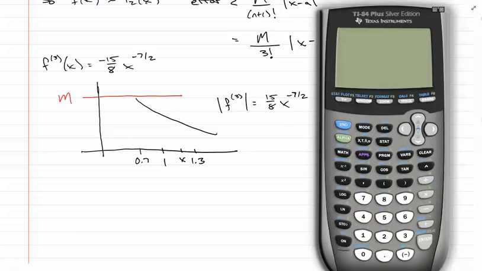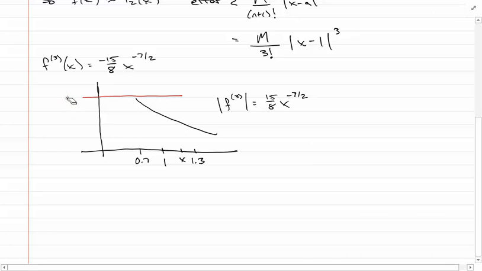Let's see, what is that? Okay, that'd be 15 over 8 times 0.7 to the negative 7 halves power, which is 6.5 something. So let's make it 6.6.